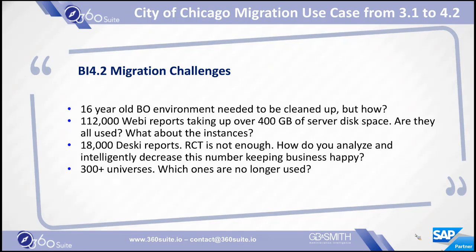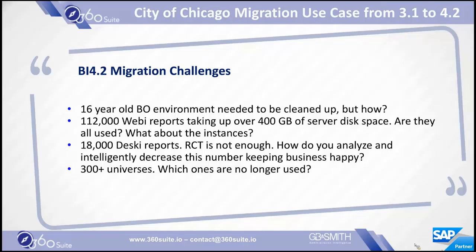So before migrating to version 4.2, we decided to change things. The 360 tools allowed us to do a great audit and find out exactly what we have, to make intelligent decisions on what to migrate and what not to migrate. So that's exactly what we did.